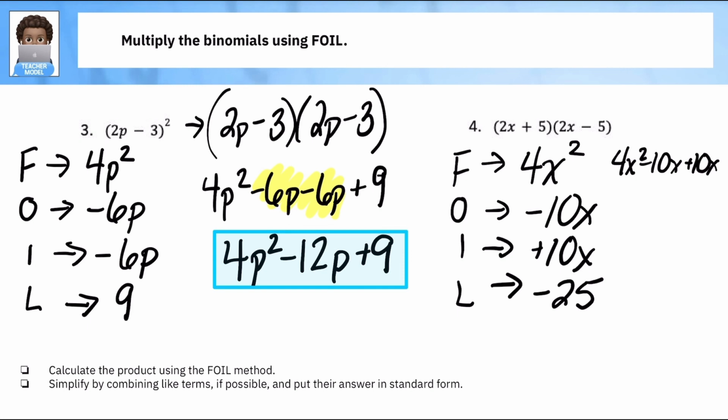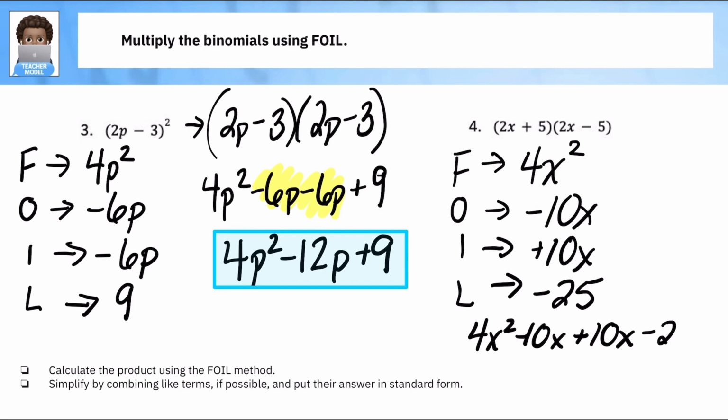Let's give ourselves a little bit more room. You can see your like terms, and notice they cancel each other out. They're opposites. So there's nothing in the middle, just minus 25.